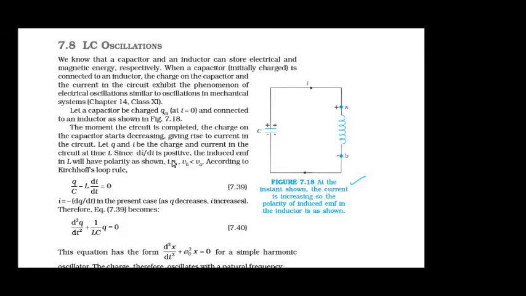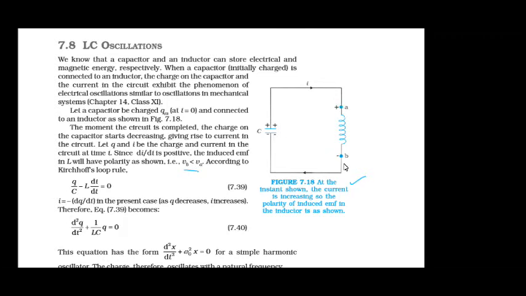Since di by dt is positive, the induced EMF in L will have polarity as shown, that is VB is less than VA. So the potential difference VB is less than VA. Why? Since di by dt is positive.